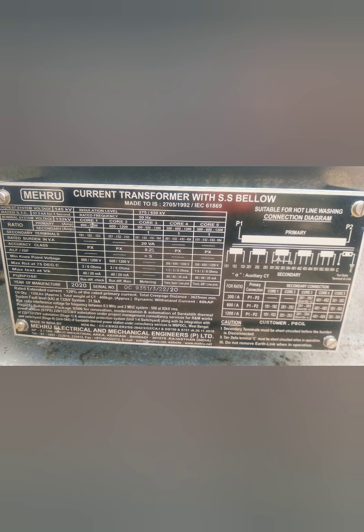For S1 and S3, the voltage is 1200 volts, and the level is 40 milliamps, so it should not exceed 40 milliamps.